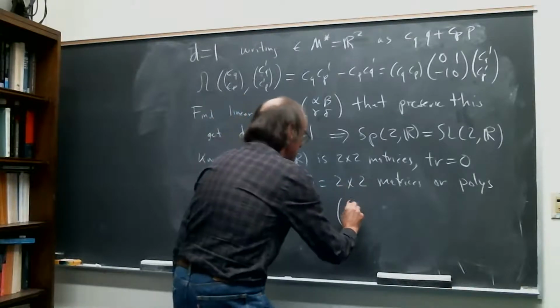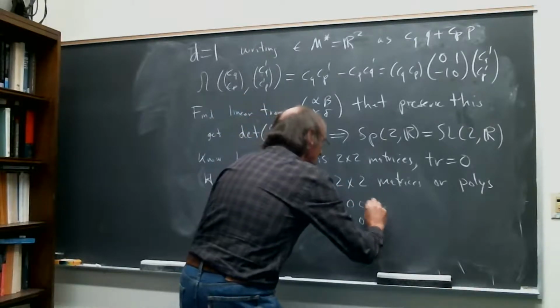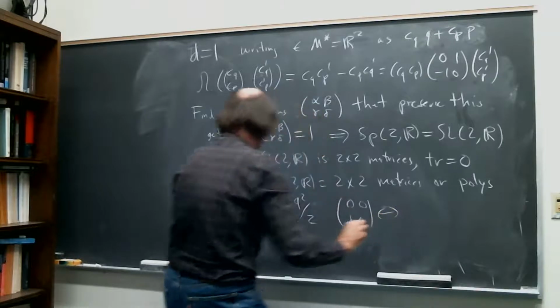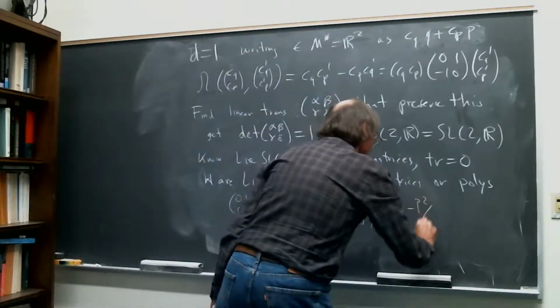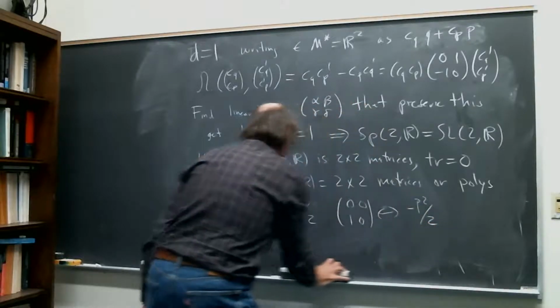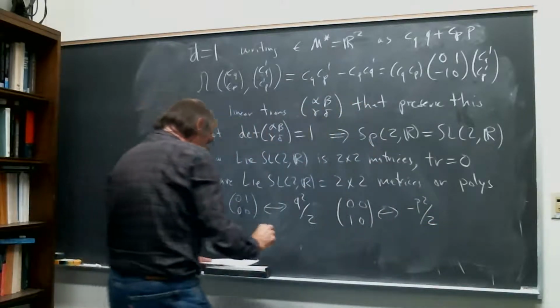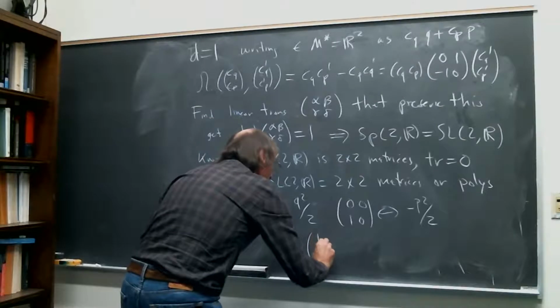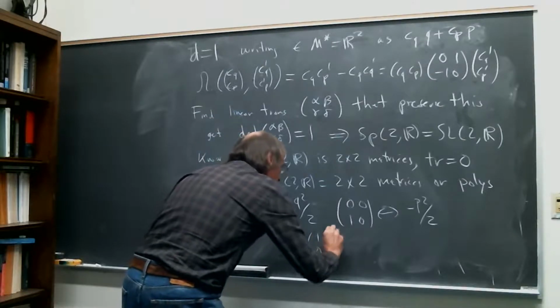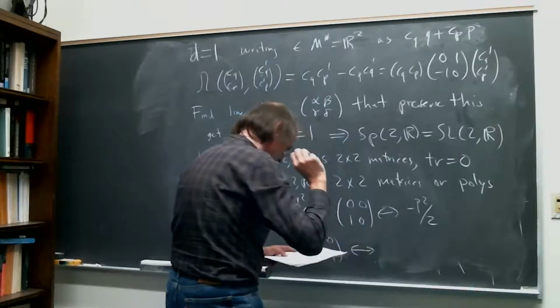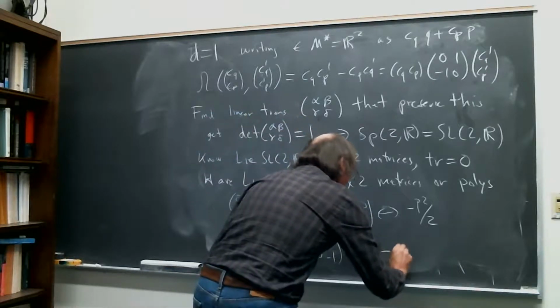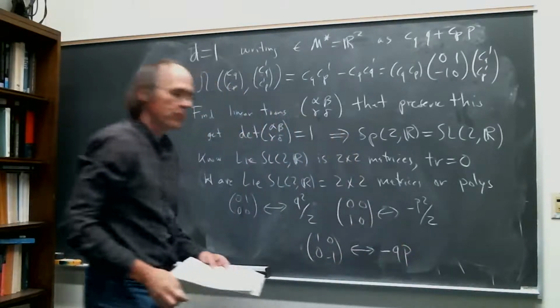This basis element corresponds to minus p squared over 2. And then this one, 1 minus 1 0 0, corresponds to minus pq minus qp.